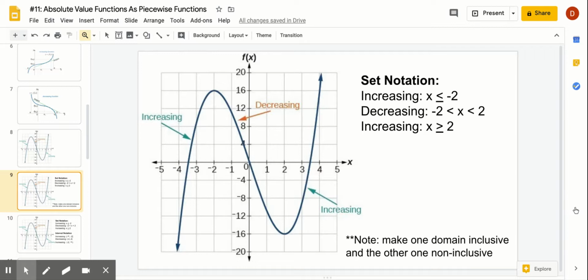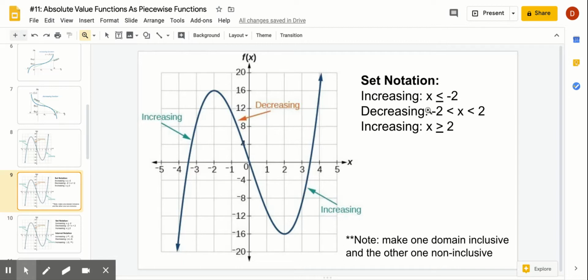So here I used set notation. Now, notice that when you have a continuous function, a function that keeps on going, you will have overlapping intervals. So notice that -2 is in 2 of these intervals. When you write -2 in both, you have to make one domain inclusive and the other non-inclusive.